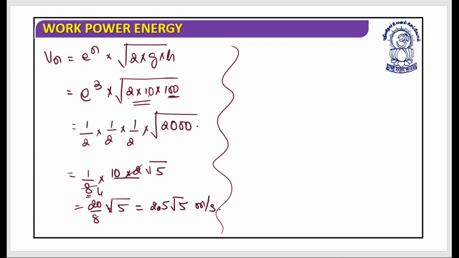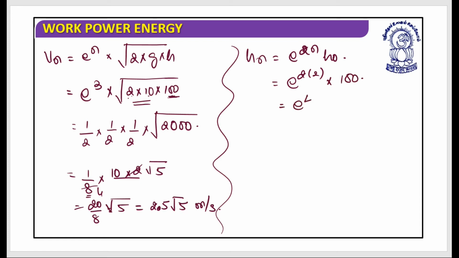Are you sure? Now let's calculate Hn, which was e to the power 2n into h naught. When do you require it? After the second bounce. So this is e to the power 2 into 2 multiplied by the initial height, which was 100.